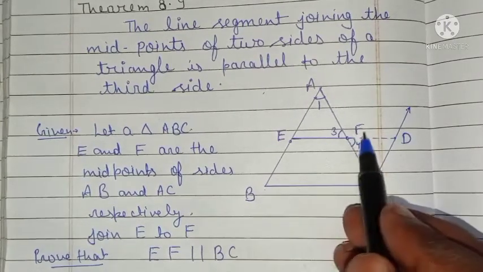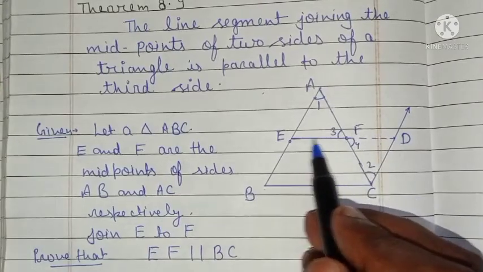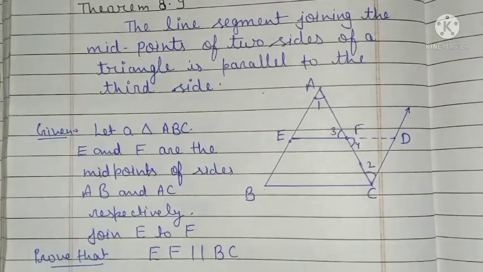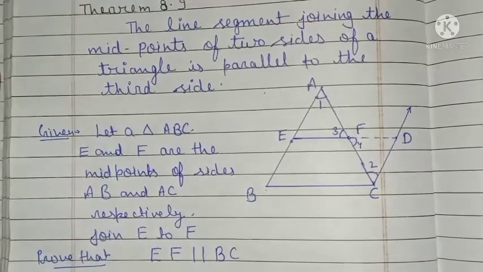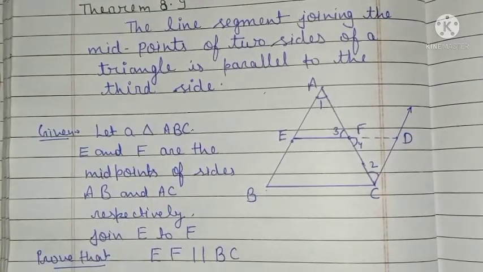Hence EF is half of ED, or EF is half of BC. So this is the proof of theorem number 8.9: the line segment joining the midpoints of two sides of a triangle is parallel to the third side.